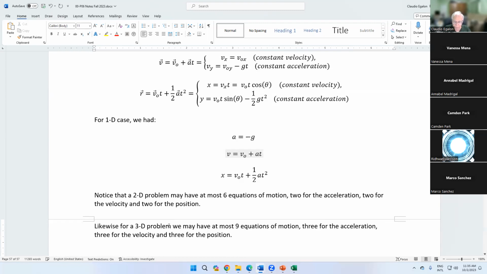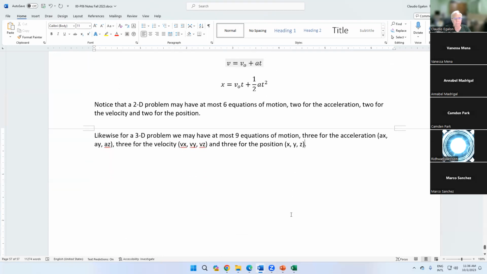The acceleration here would be ax, ay, az, then vx, vy, vz, and 3 for the position, x, y, and z.